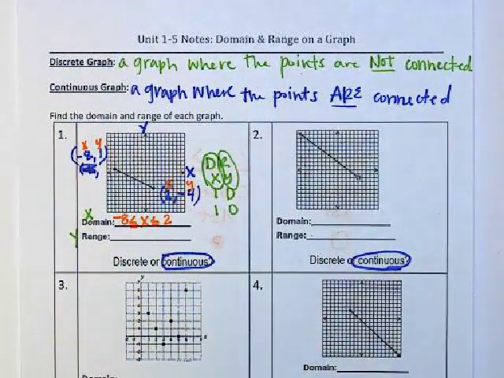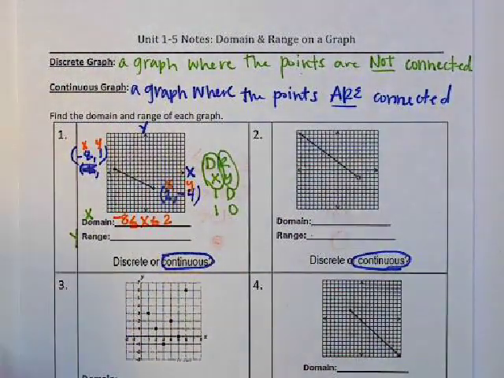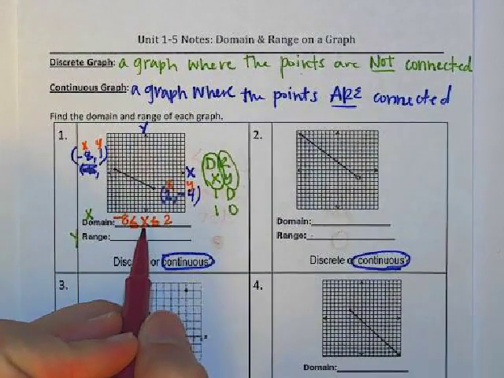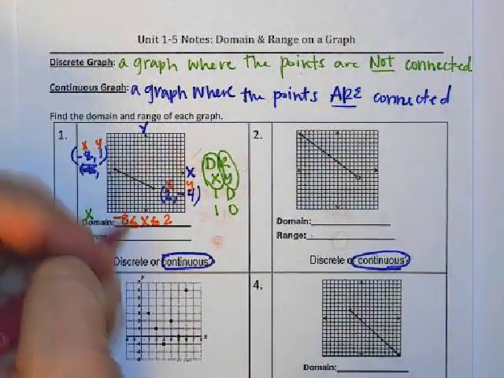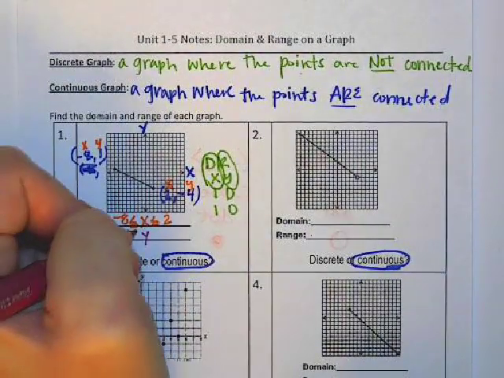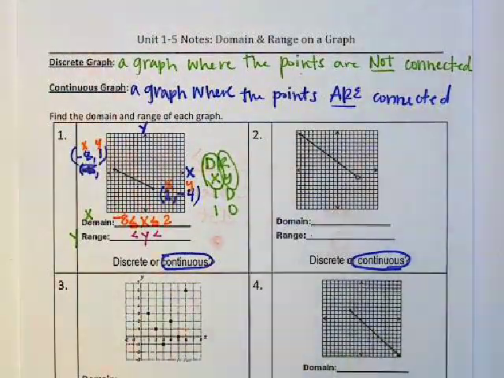Just like domain started with x less than, we wrote x and we wrote our two symbols. Our y's are the exact same. Y less than, less than.